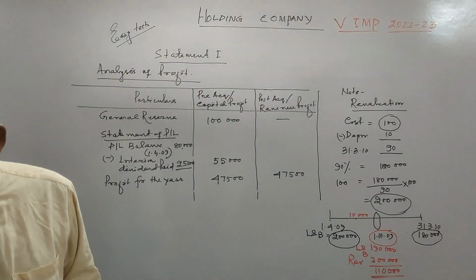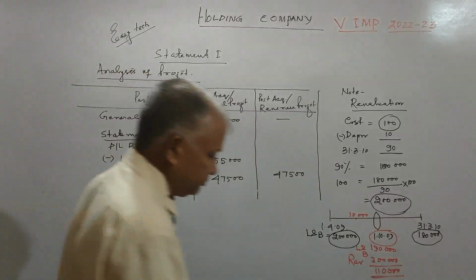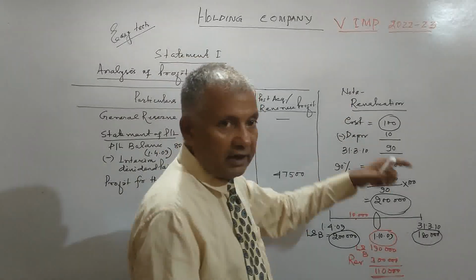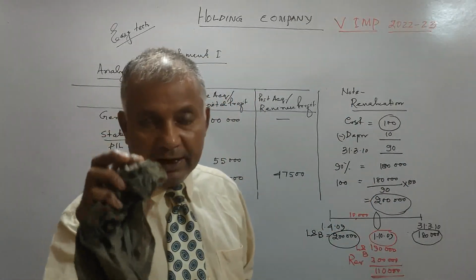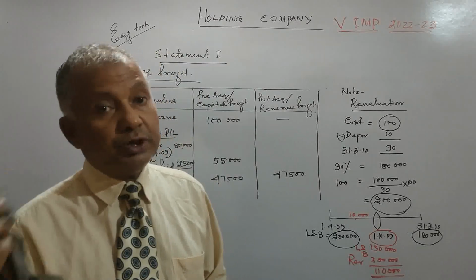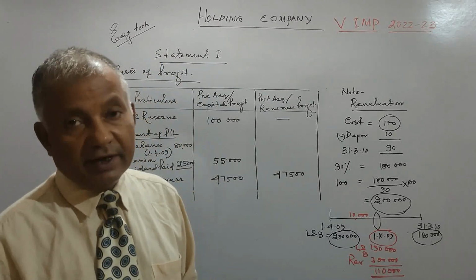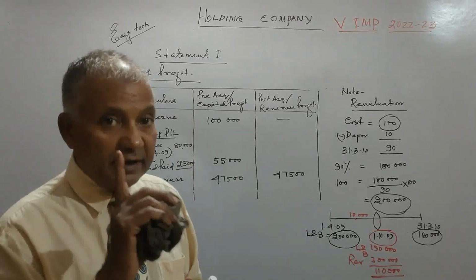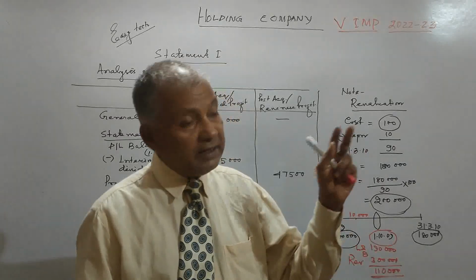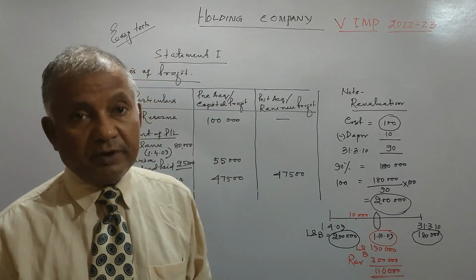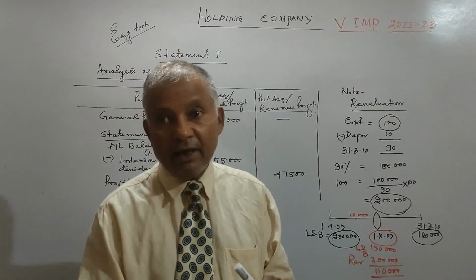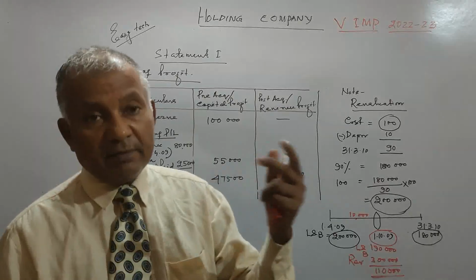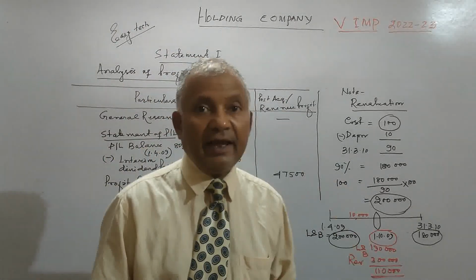So friends, this is very important information, and I hope this year definitely you will find an adjustment relating to revaluation of asset. Definitely this adjustment will be coming, right? And adjustment on dividend, either interim dividend or proposed dividend, will definitely be coming, and in this problem interim dividend and proposed dividend, both adjustments are there.